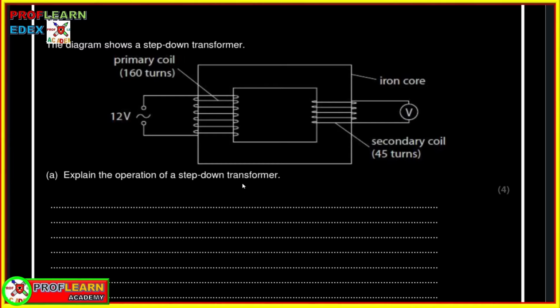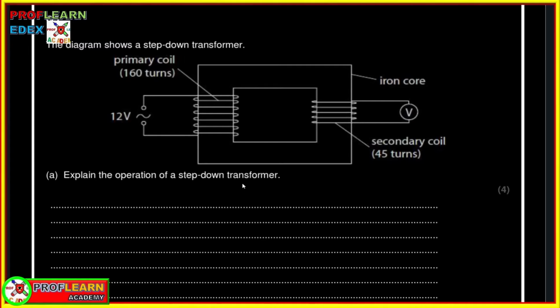The created magnetic fields cut across the secondary coil, and that results in inducing a voltage in the secondary coil, which results in the flow of current.